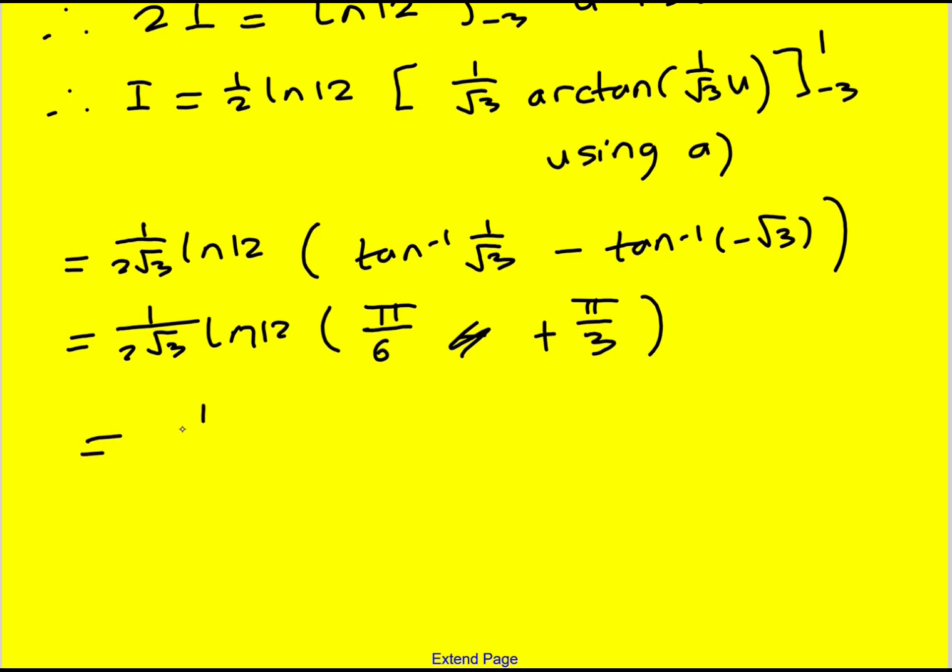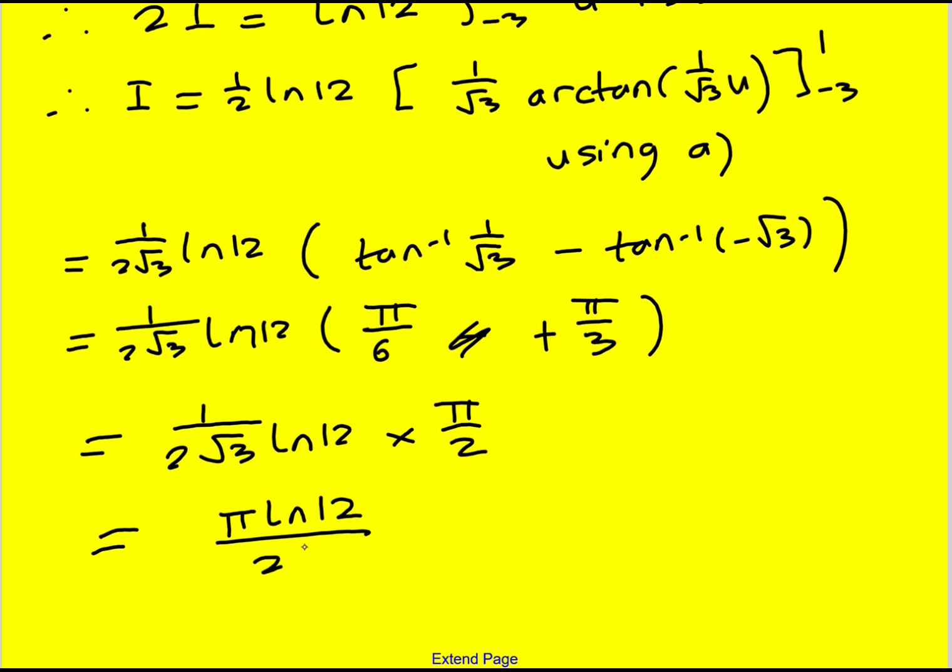And that will become pi over 6 plus 2 pi over 6, actually pi over 2. Okay, and we're basically there. We can write it as pi ln 12 over 4 root 3.